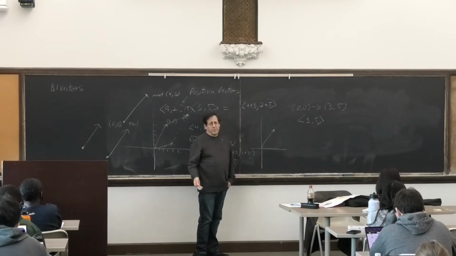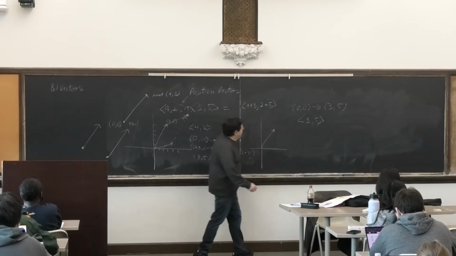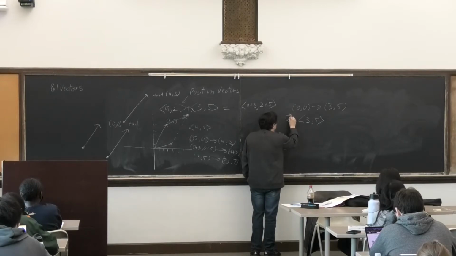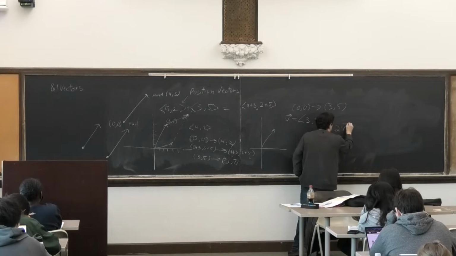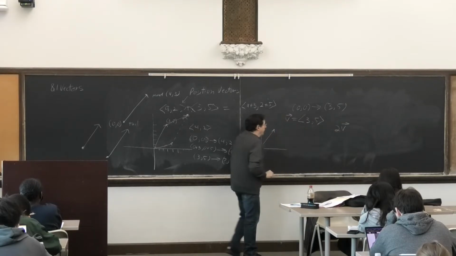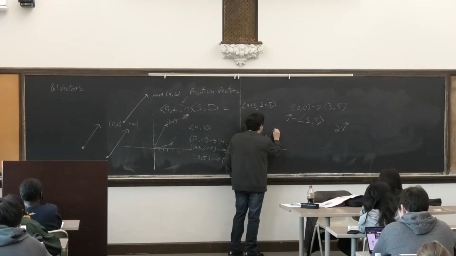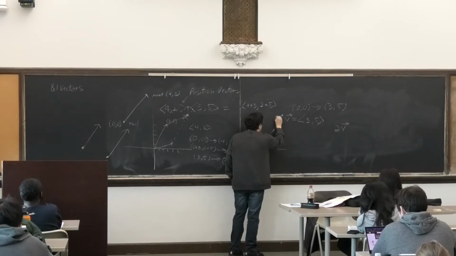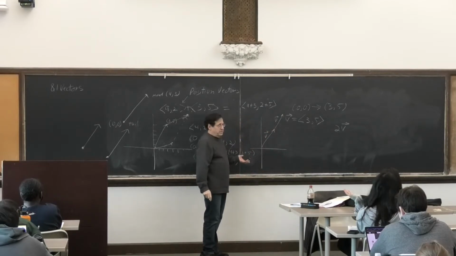You can multiply vectors by a constant. So if I call this v, say like 2v, what would that be? That would be like adding this vector to itself. And how would I do that?